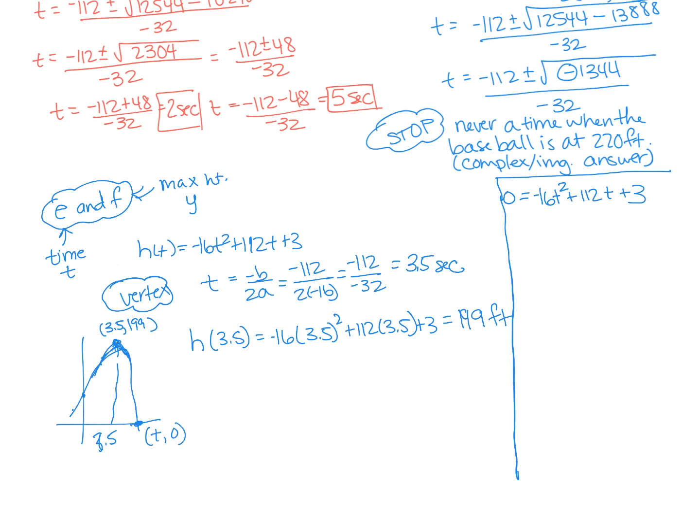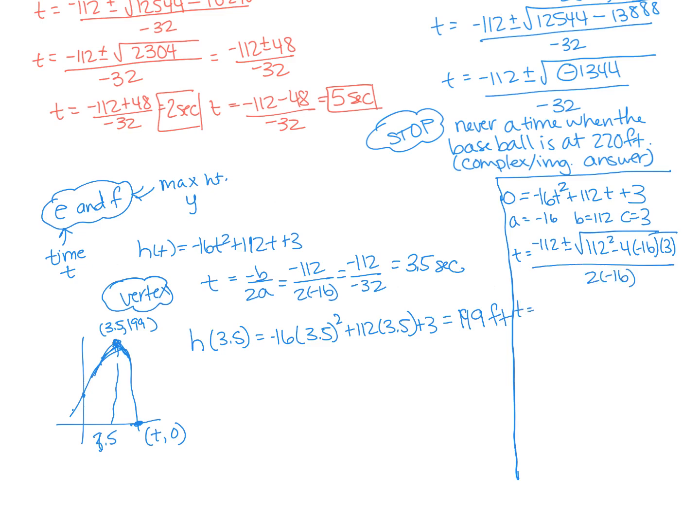For this problem, I would use the quadratic formula. My A is negative 16, my B is 112, and my C is 3. So my time would be negative B, or negative 112, plus or minus the square root of 112 squared minus 4 times negative 16 times 3, all over 2 times negative 16.